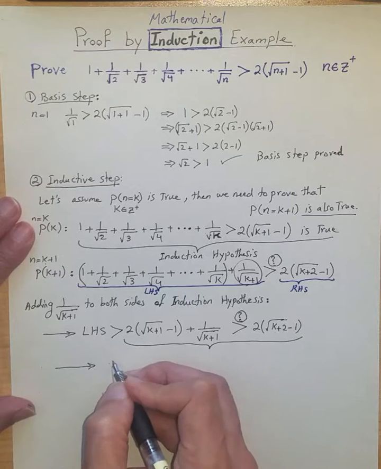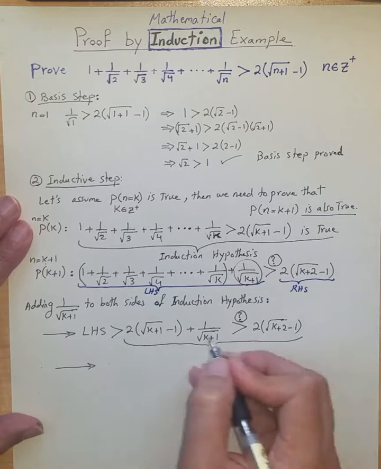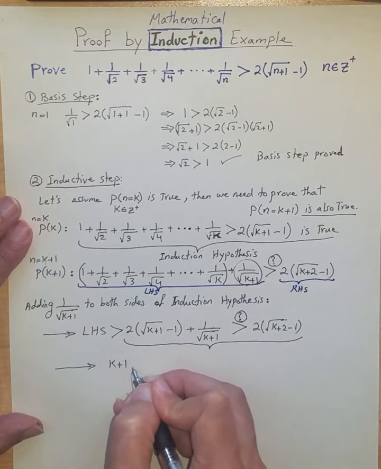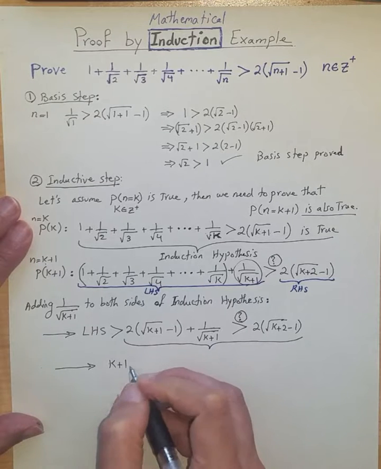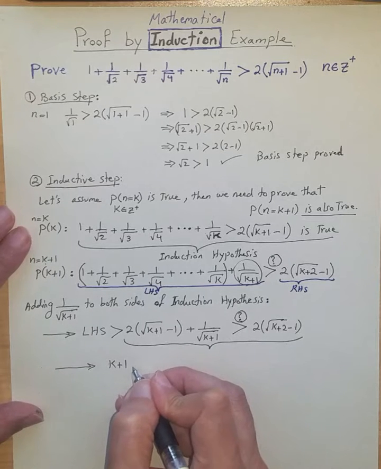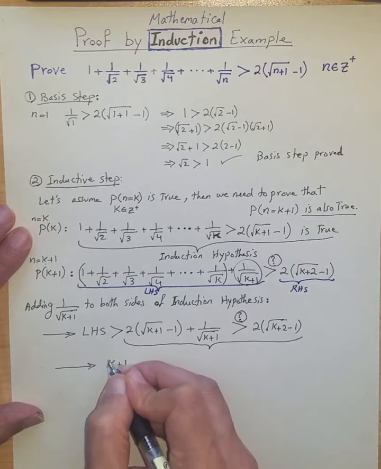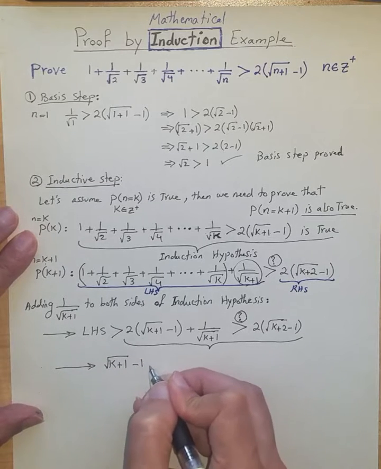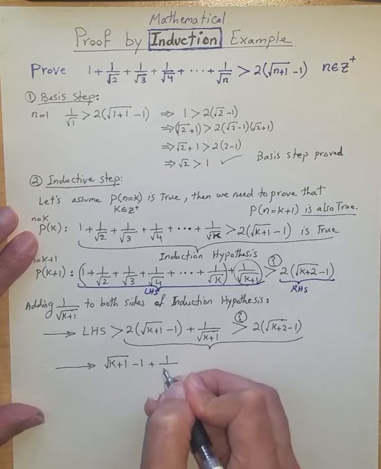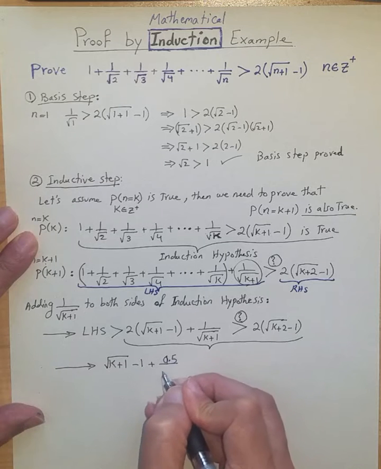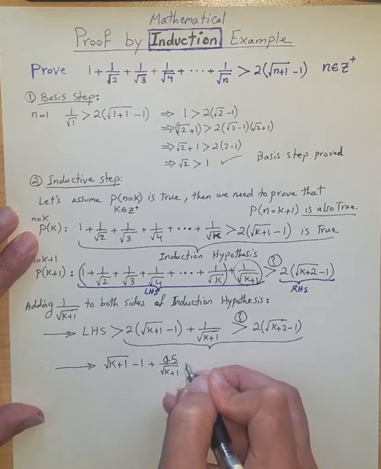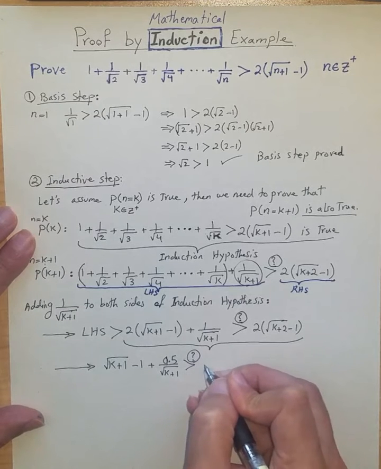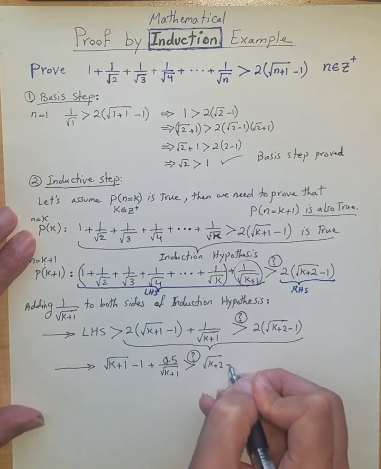By the way, I can get rid of this 2 by dividing both sides by 2. Even before multiplying, let's divide both sides by 2. So square root of k plus 1 minus 1 plus 0.5 over square root of k plus 1 is supposed to be proven greater than square root of k plus 2 minus 1.